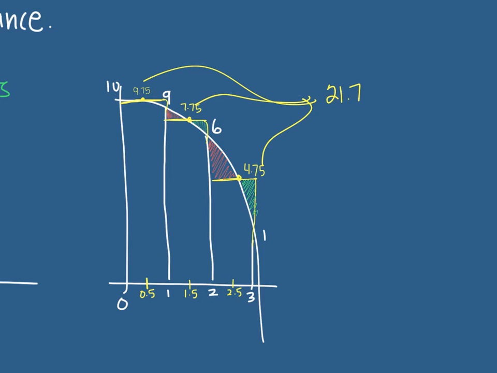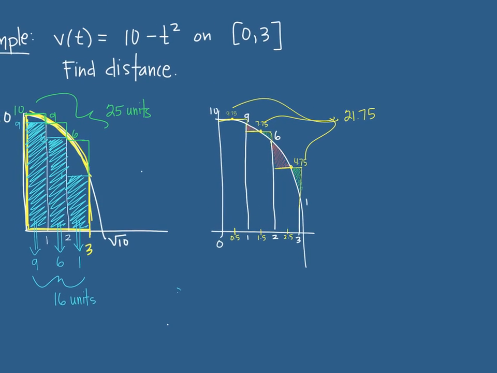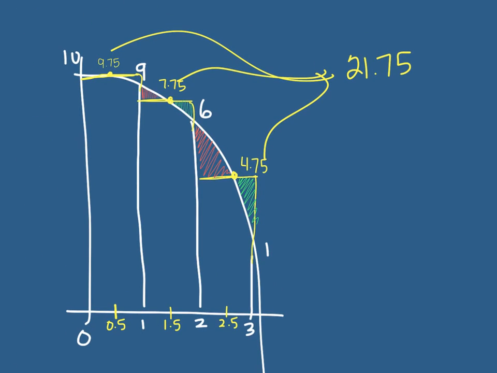Maybe 21.75, but he's not sure. Okay. That is probably the best approximation we would have. We knew it had to be between 16 and 25, and 21.75 was pretty close. How would you make that better?